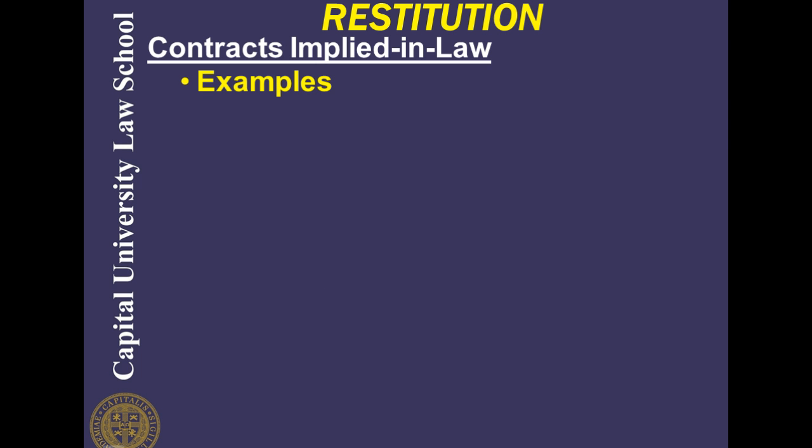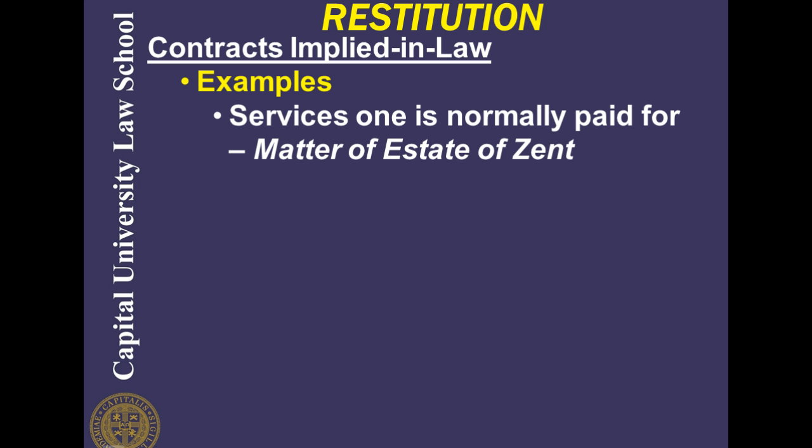Let's talk about some examples of how this occurs. Well, the courts are going to find contracts implied in law when services are provided that normally would be paid for and were not intended to be gratuitous.